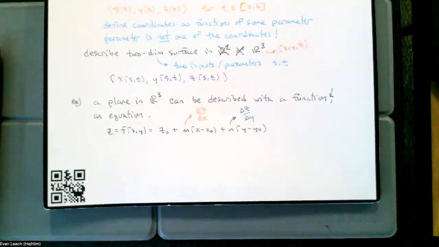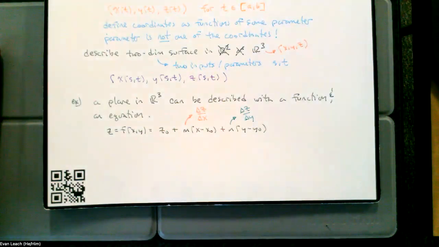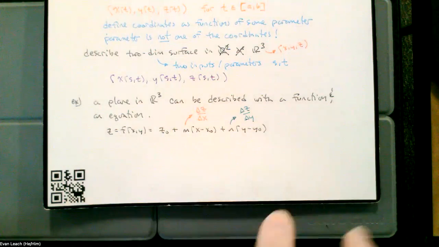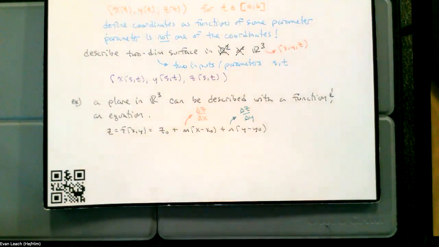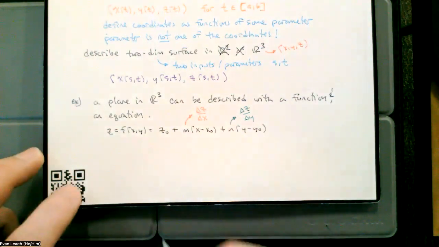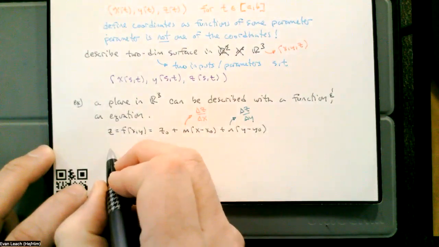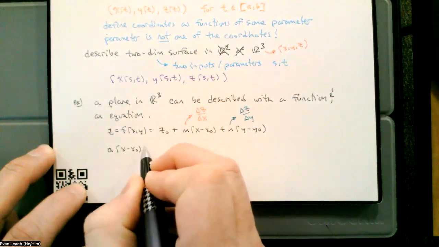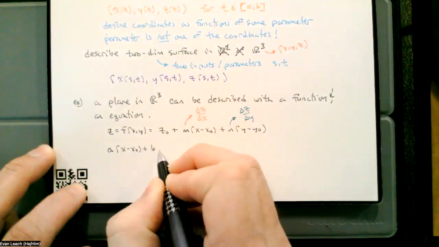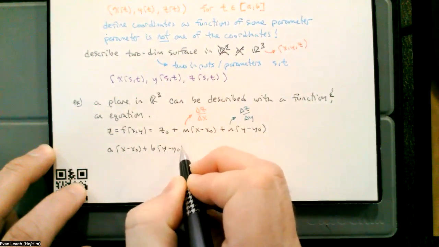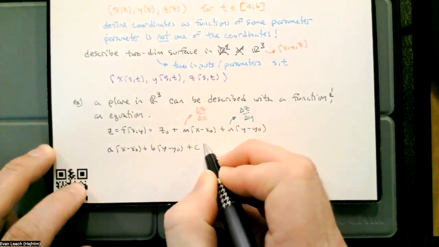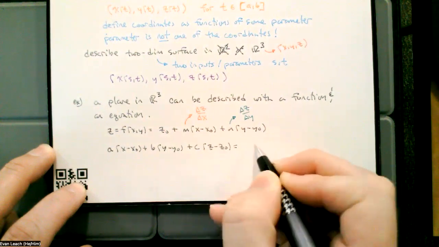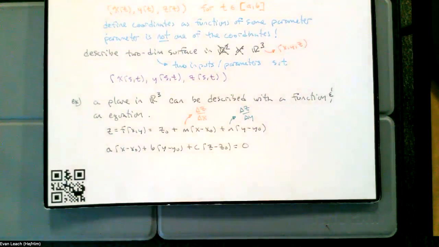We can also write an equation for our plane. Really, we're just going to rearrange this and use z, so subtract the z naught and then multiply stuff out. So our equation in standard form, I guess I wrote the equal 0 version.